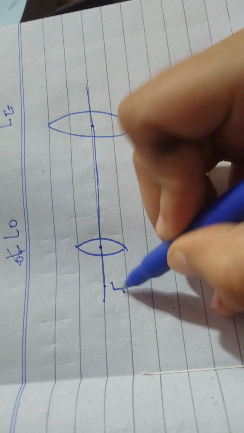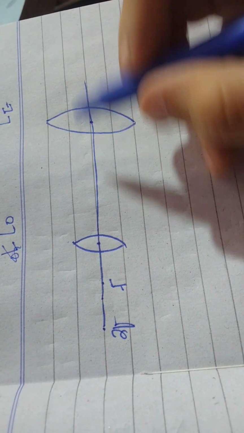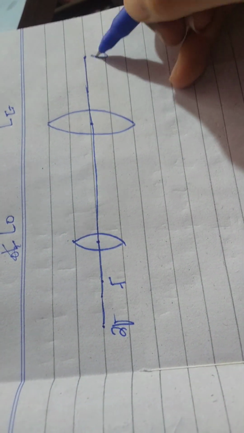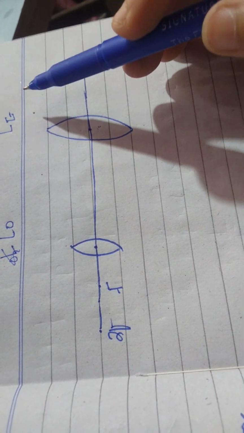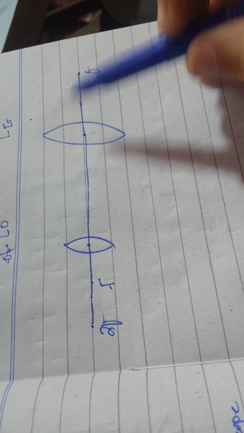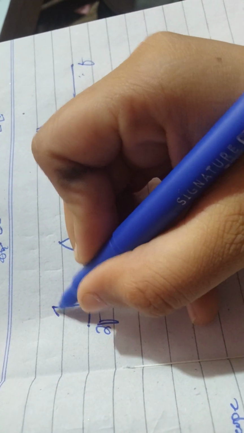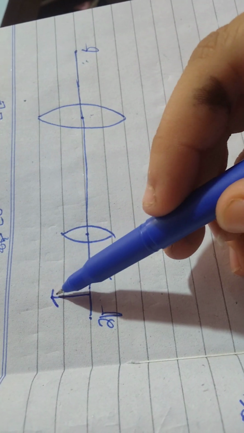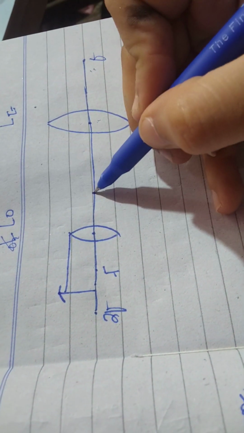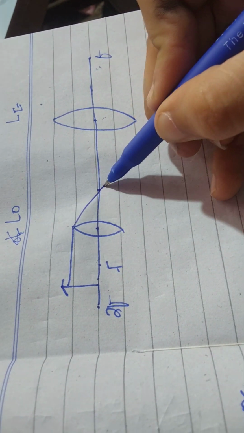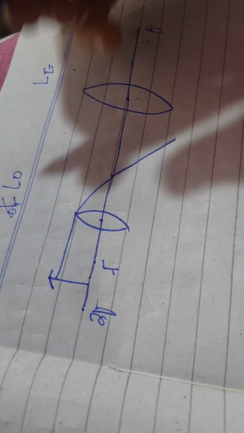This is F, this is 2F, and here it is F. The focal length of the eyepiece is greater than the object lens. So the image is between 2F and F. It will go parallel, and then it will meet over here, right?